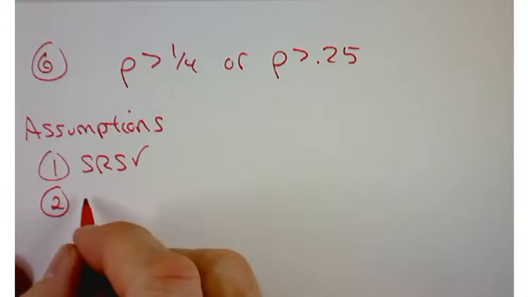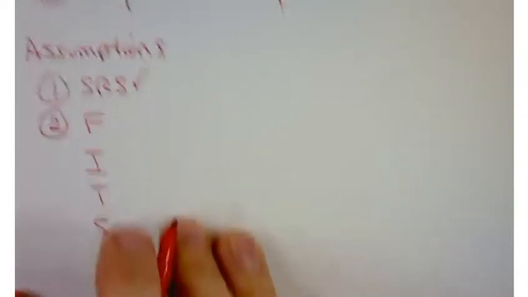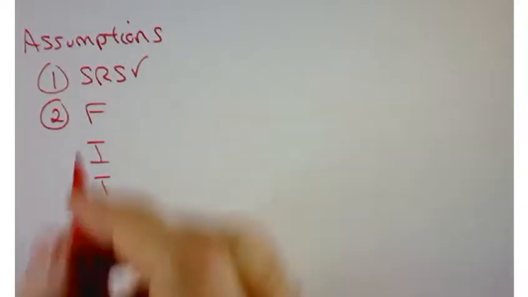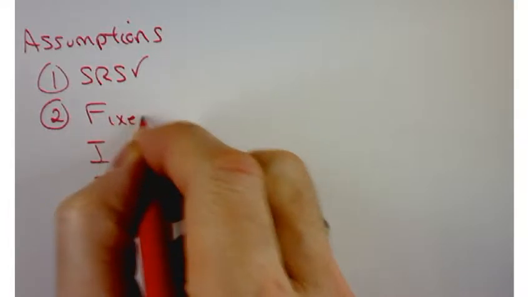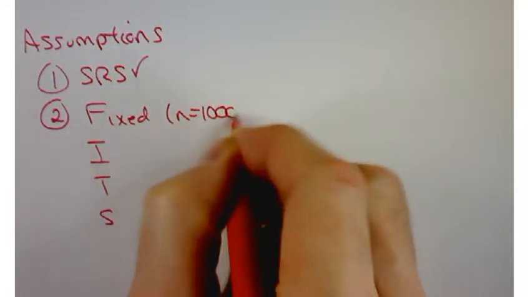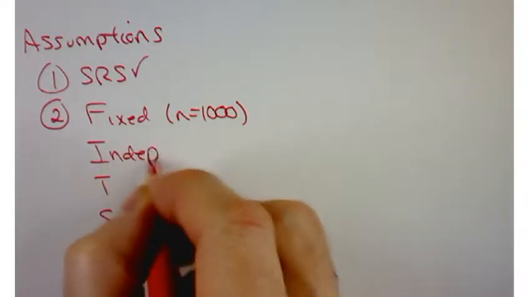But the next thing I need to check is that this data fits a binomial distribution. So the first part was F, which is a fixed number, right? Well, we have 1,000 people in our survey. Are they independent?